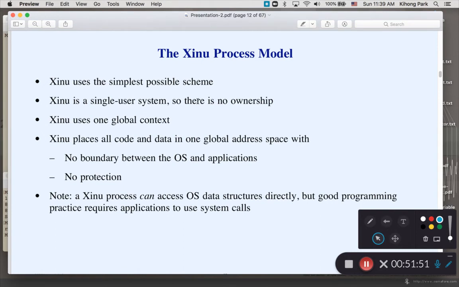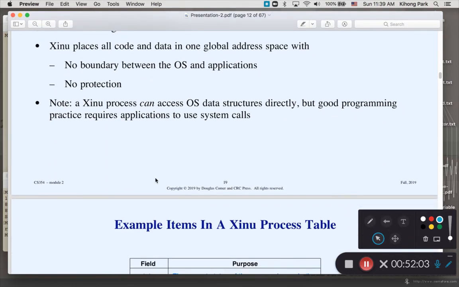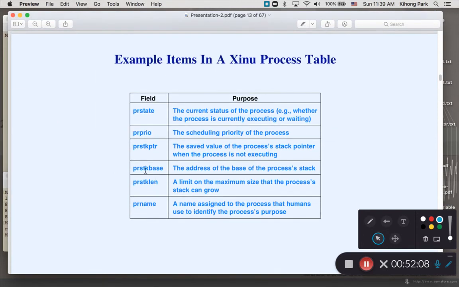Let's see. Xenu process model, we just said, very simple. Everything is shared except for a per process stack. That's it. Good and bad. Some of the fields of an entry in the process table, so here it's always a prefix with PR for process.